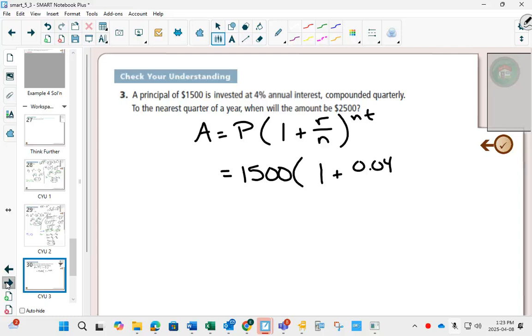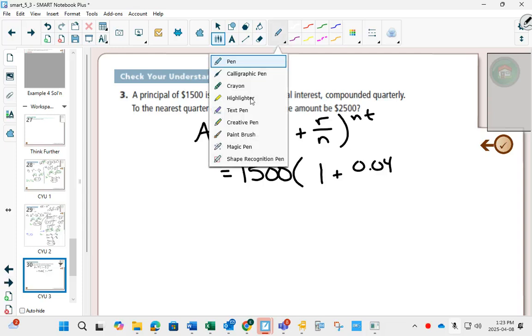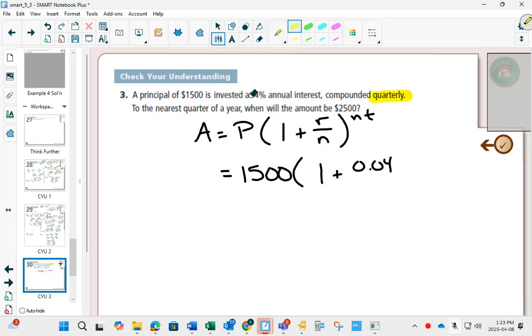Compounded quarterly. This is something that can be hard on the exam. They won't tell you. They'll say that N is the number of times that it's compounded per year. But you have to know special words like, do you know that quarterly means 4 times a year?